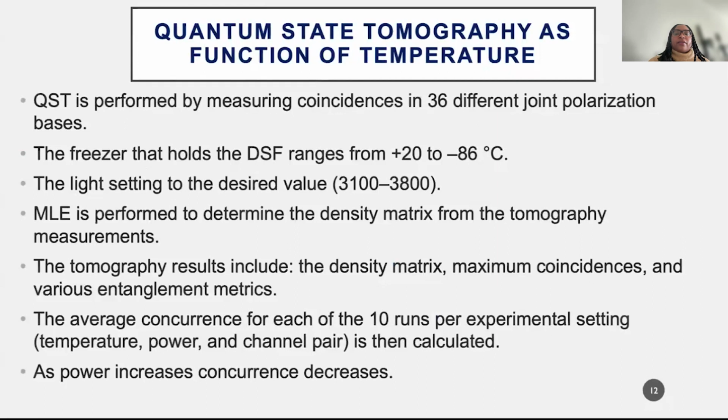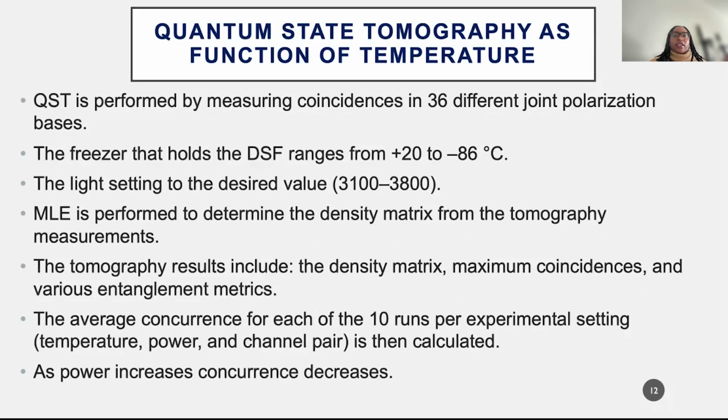Now that we've looked at one method for quantum state tomography, let's go back to the other method I mentioned, maximum likelihood estimation, to characterize the EPS. As stated before, all components are connected via single mode optical fiber. For this experiment, we're characterizing the EPS as a function of temperature and power.